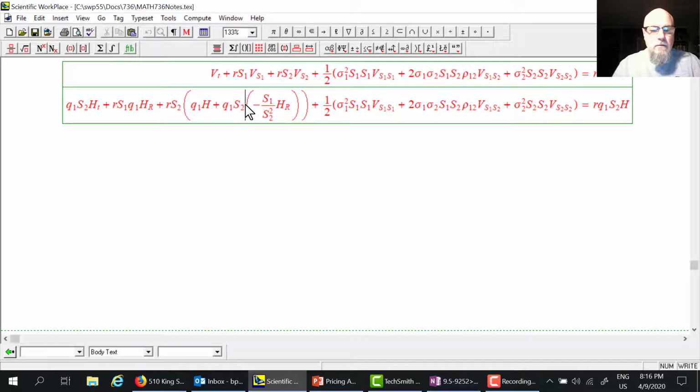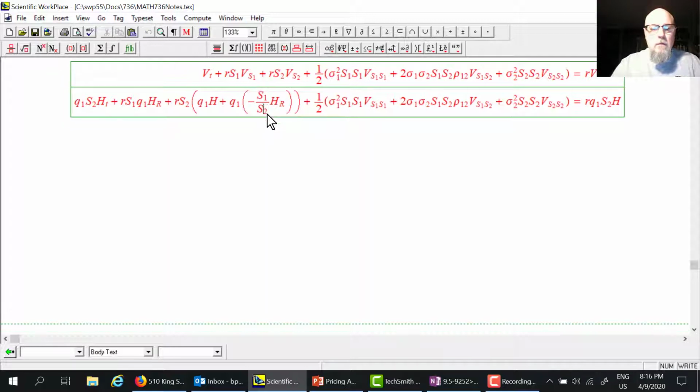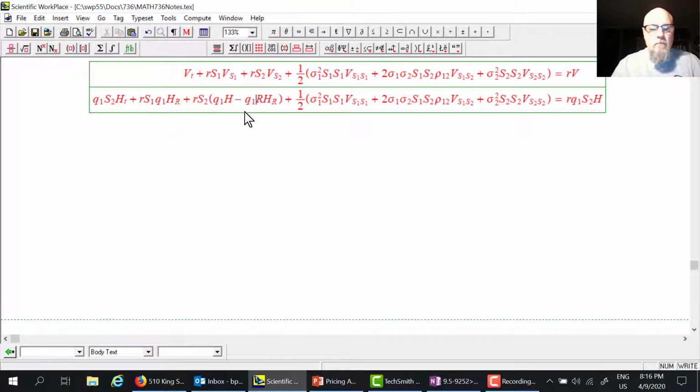So let's do that. And, oh, S1 over S2, that's R. Capital R, as not to be confused with risk-free rate of return. So, okay, that's cleaned up then.